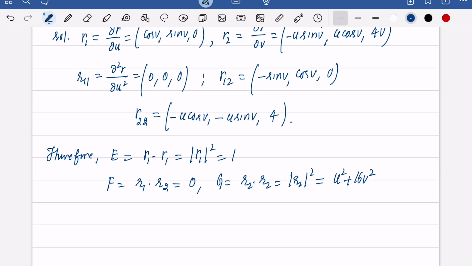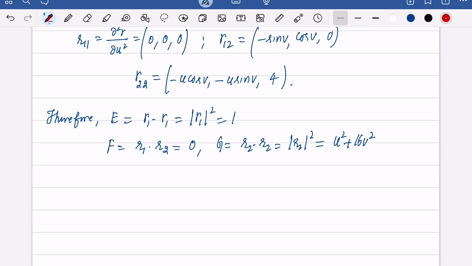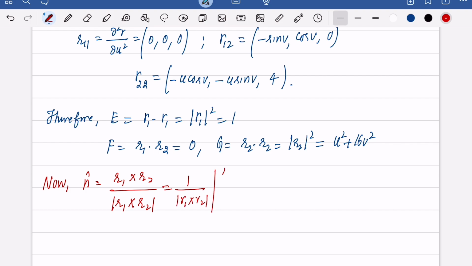Now for the second order fundamental magnitudes, we need to evaluate the unit vector. The unit vector n is r1 cross r2 divided by the length, that is modulus of r1 cross r2. This is equal to 1 divided by modulus of r1 cross r2 times the determinant of i, j, k.